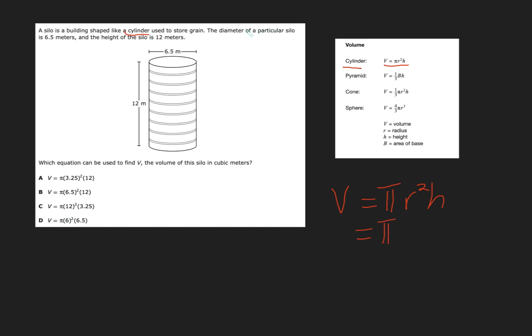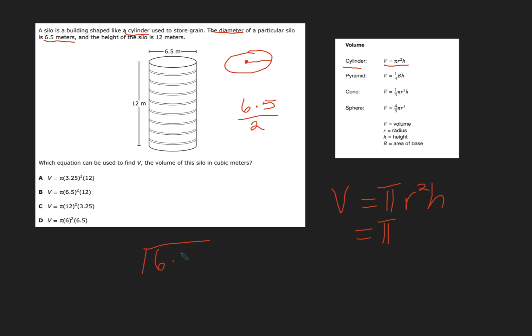Now remember, they said the diameter, but we don't want the diameter, we want the radius, which is from here to here. So we're going to have to take 6.5 and divide it by 2. This is pretty easy to divide if you go on the side, because this question could be on the non-calculator section.